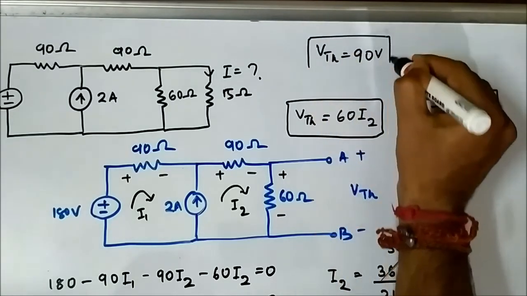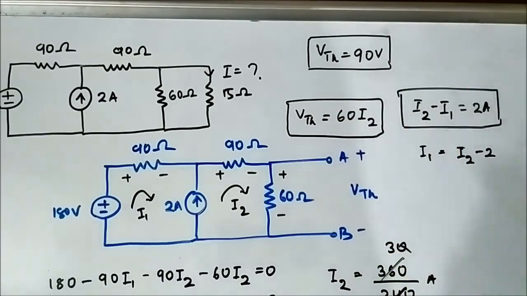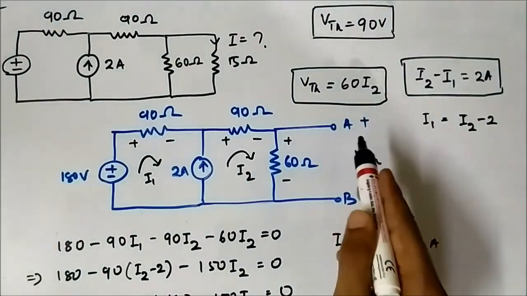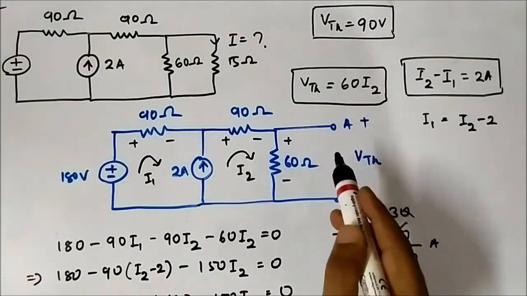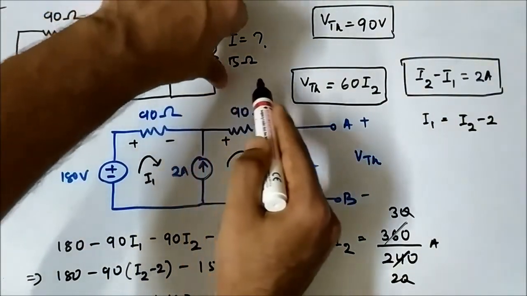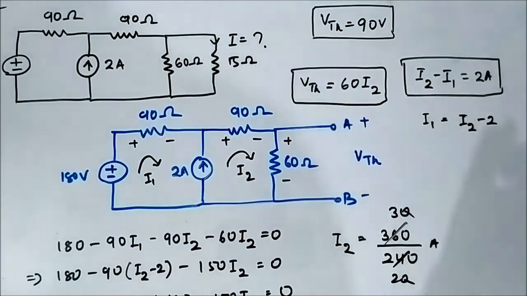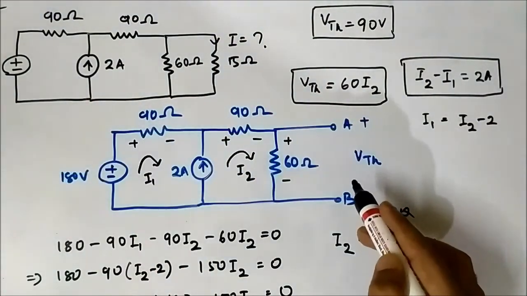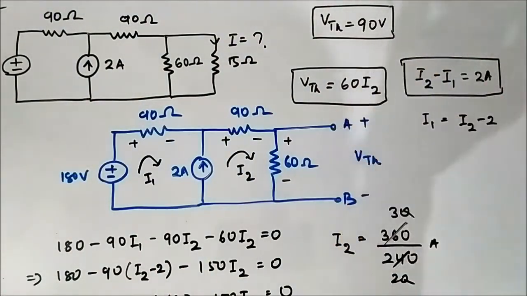Let us keep it. So we have determined the Thevenin voltage across the 2 points, which we got by open circuiting the 15 ohm resistor. By removing the 15 ohm resistor and open circuiting, we have calculated the Thevenin equivalent voltage.